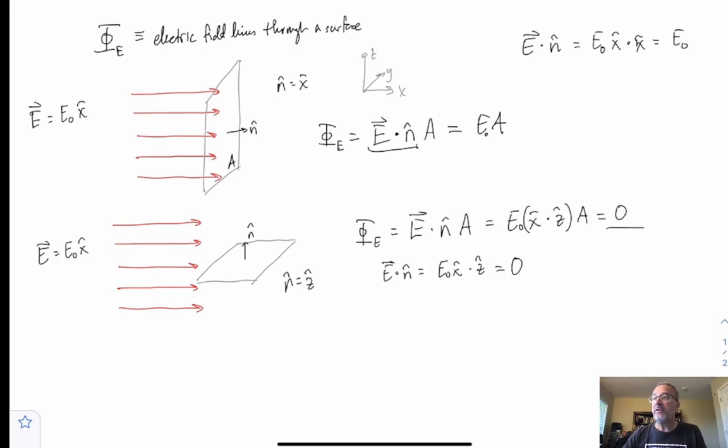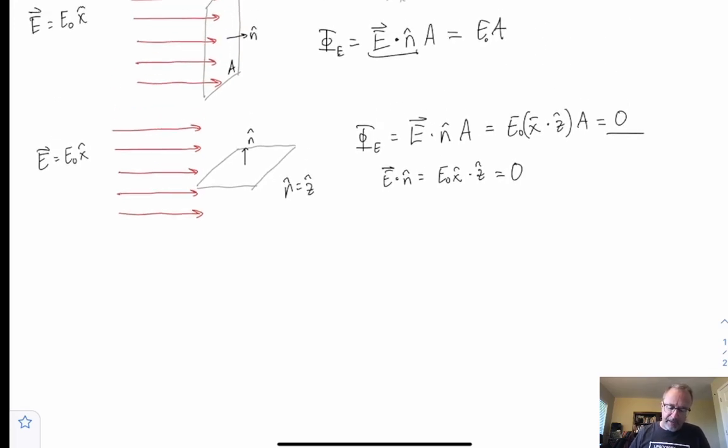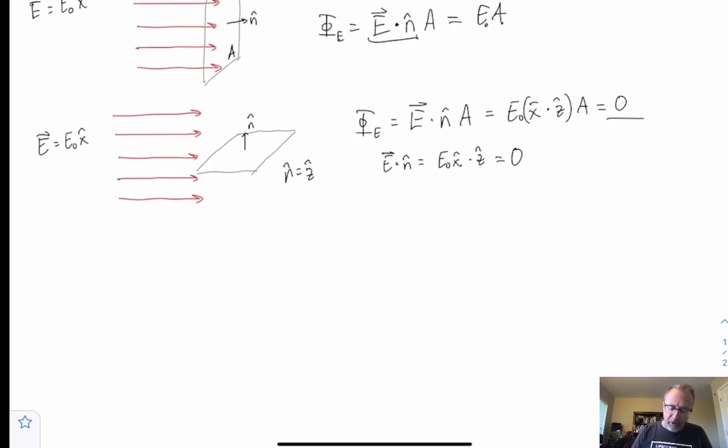So the key thing here is the way that the area vector is defined. And so what would happen if I had a partial electric field?